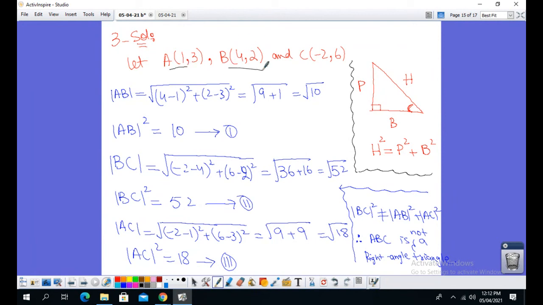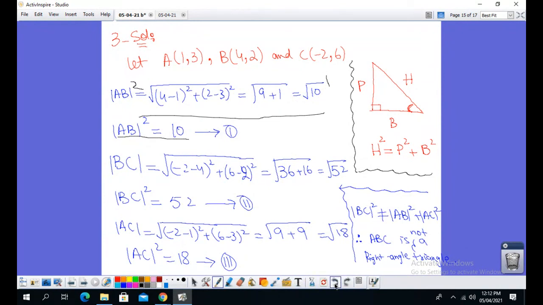Therefore, first of all, we take the distance between A, B and C. When we take the distance between A and B, it becomes square root 10. After squaring on both sides, the square cancels with the square root, and we get only 10.